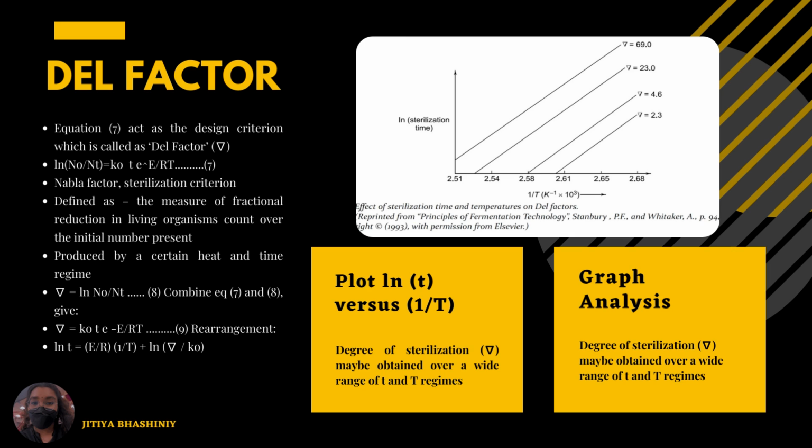From this we know that the degree of sterilization delta may be obtained over a wide range of T and t regimes. This is the graphical analysis of the del factor.